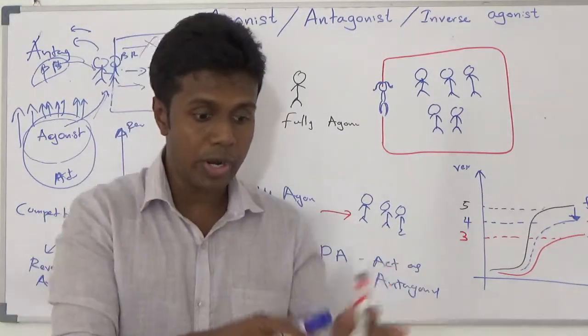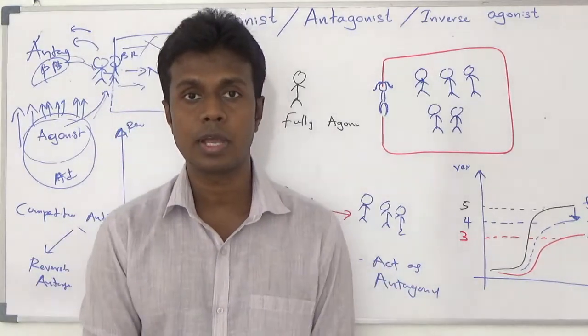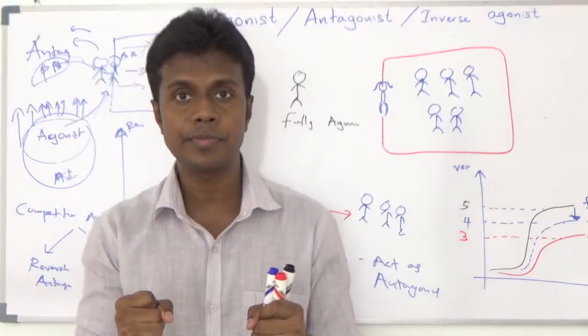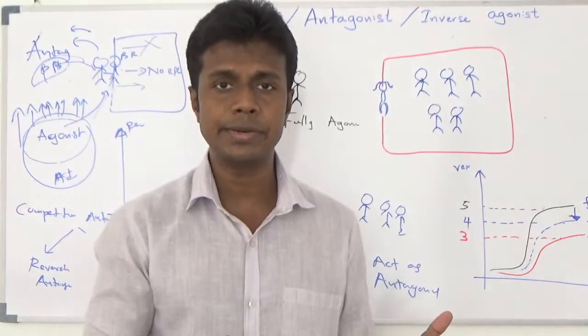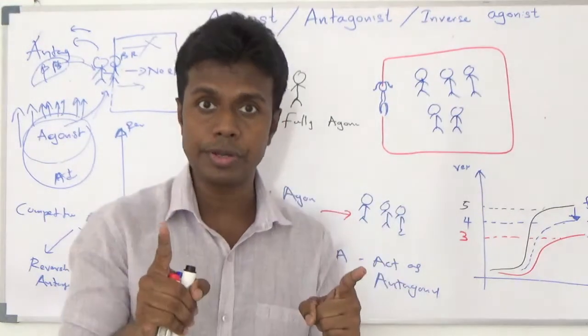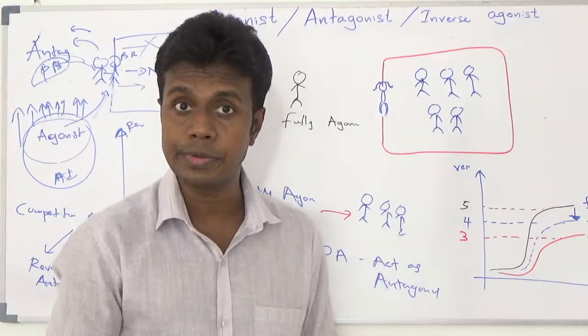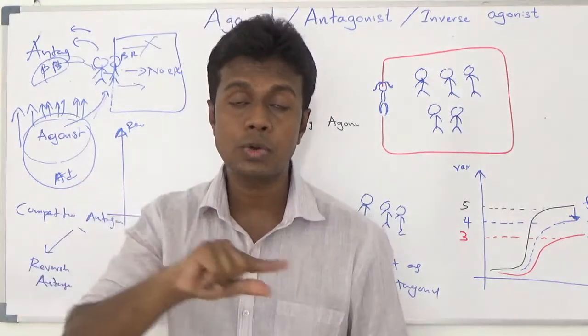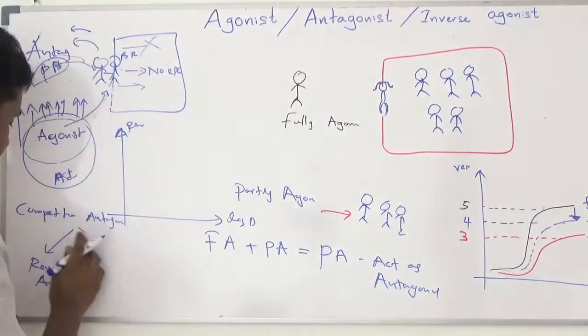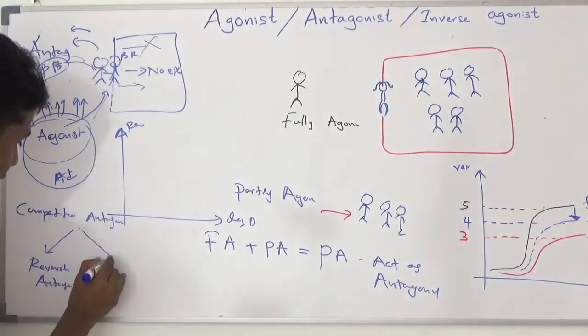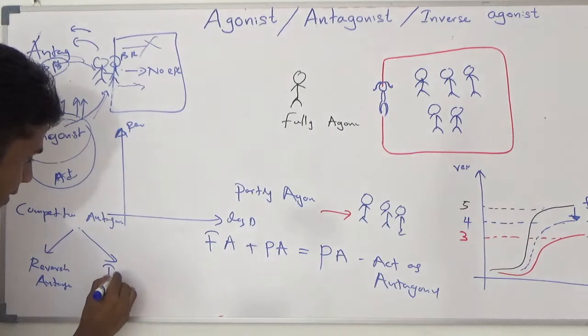Those drugs go and bind to your receptors. Even though you increase agonist concentration, you can't reverse. They are tightly bound until the receptor is destroyed. Until the receptor is destroyed, your antagonist will be there.